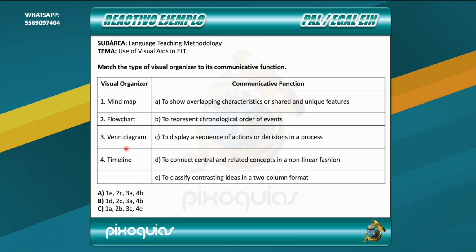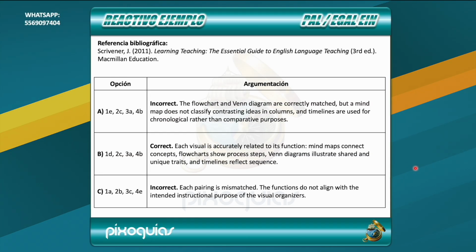And finally, 4, timeline with B, to represent chronological order of events. The correct answer is this because each visual is accurately related to its function. Mind maps connect concepts, flowcharts show process steps, Venn diagrams illustrate shared and unique traits, and timelines reflect sequence.